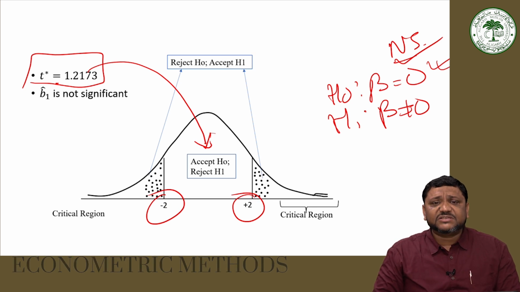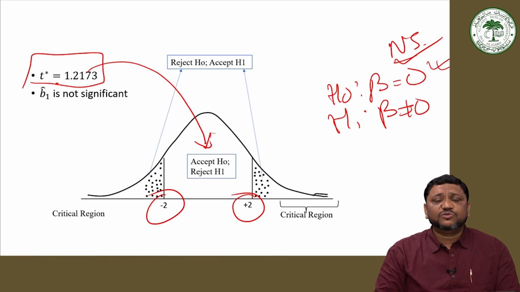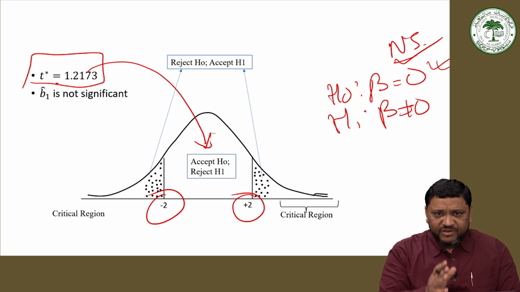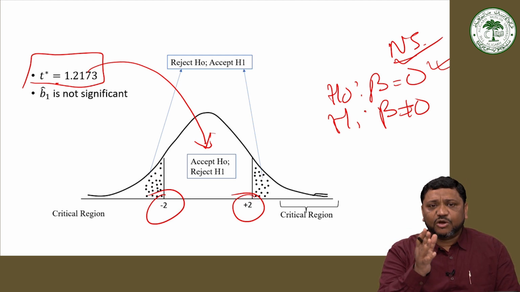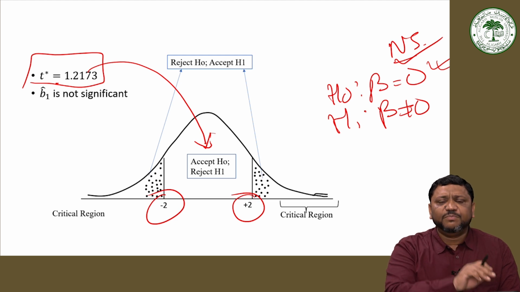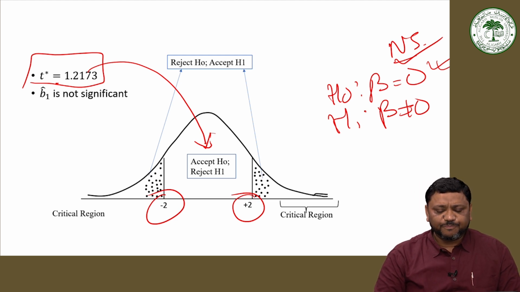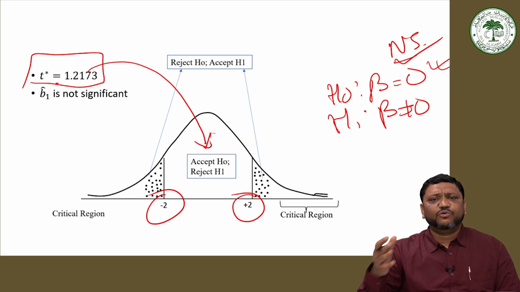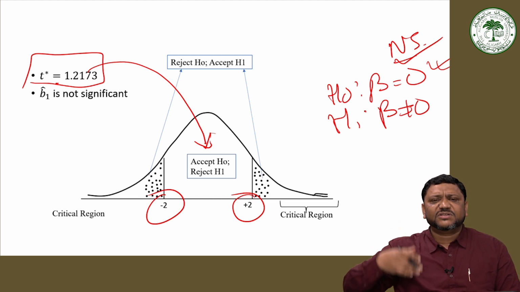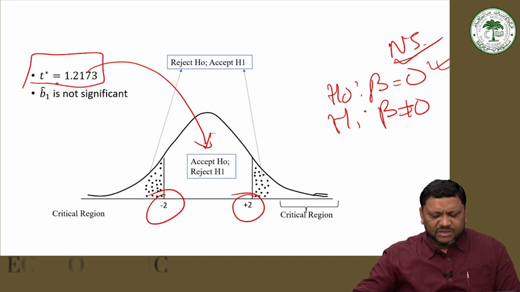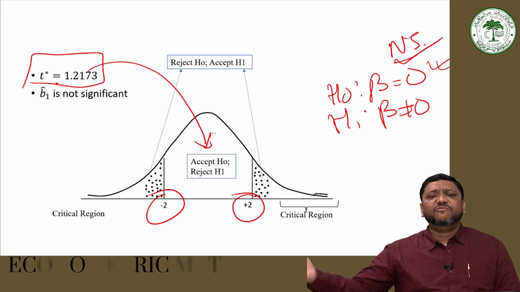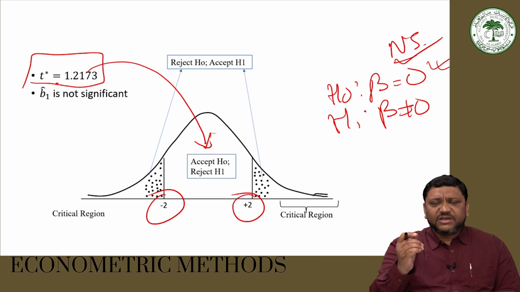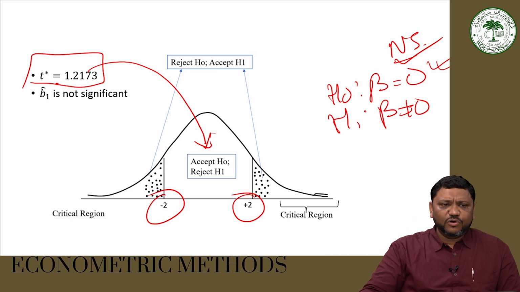After calculating the T statistics, we came to the conclusion whether my variable, represented with the coefficient beta hat, like here beta 1, is significant or not. Likewise we can do it for beta 2, and for any other. If there is a third independent variable, then we will have beta 3 also. So we can check for the significance of the individual coefficients.